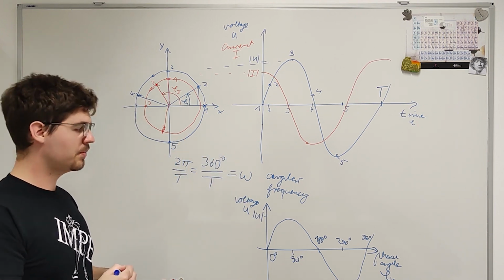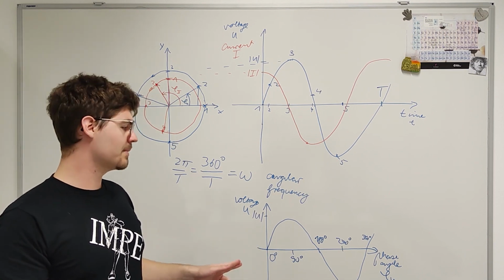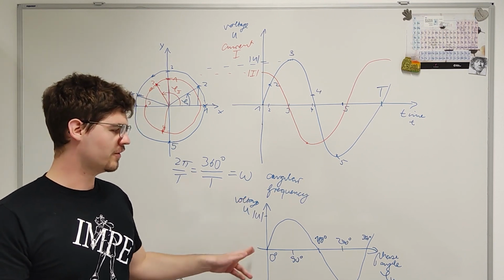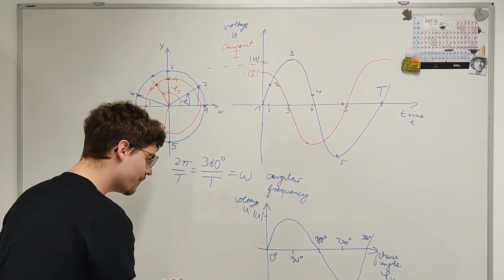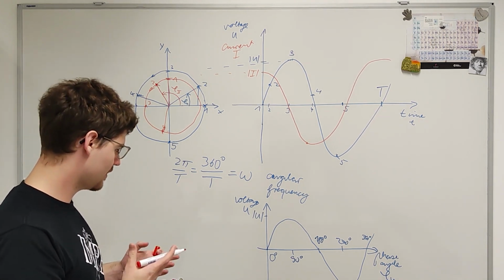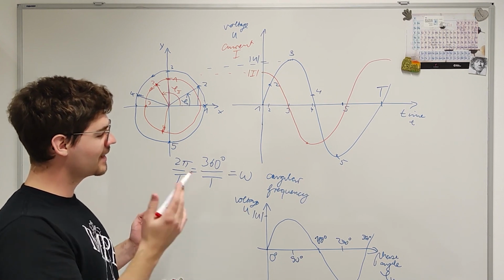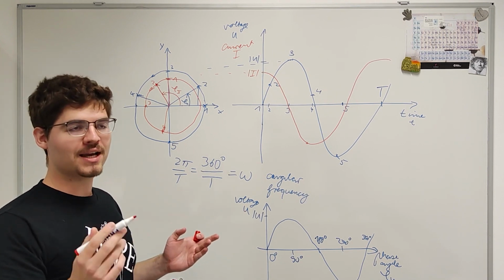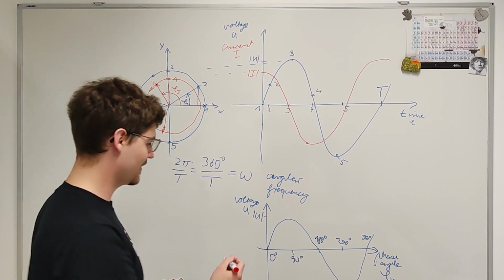If we plot the current in an analogous display to the voltage over phase angle description here, we can do essentially the similar thing, except that our phase angle for the phi I starts not at 0, but at 90 degrees.